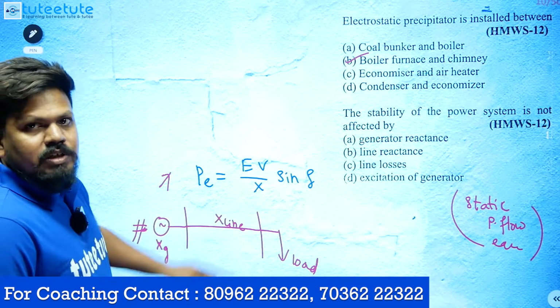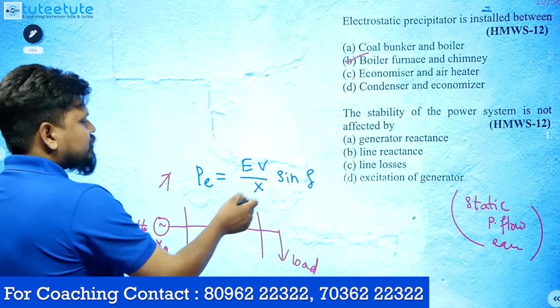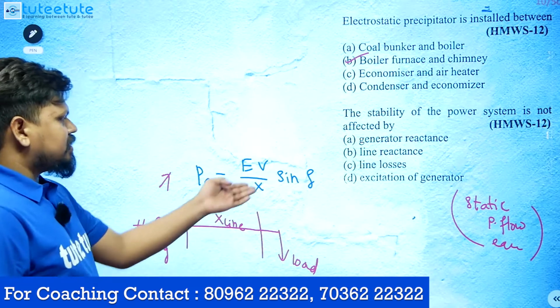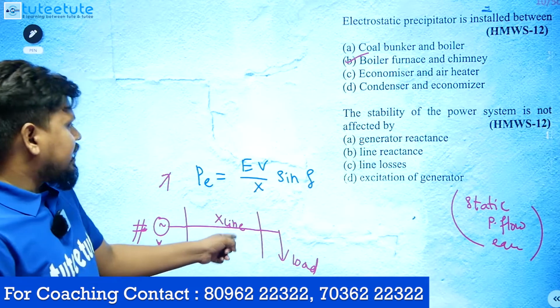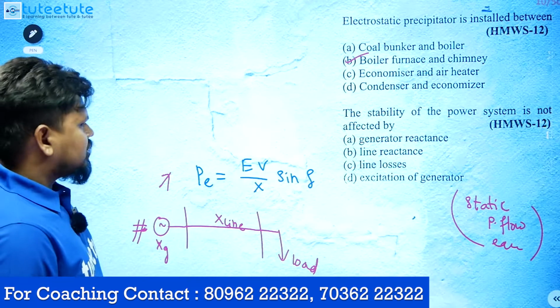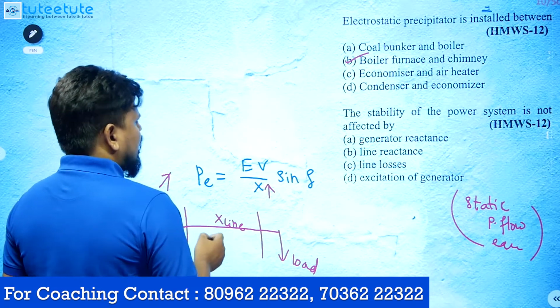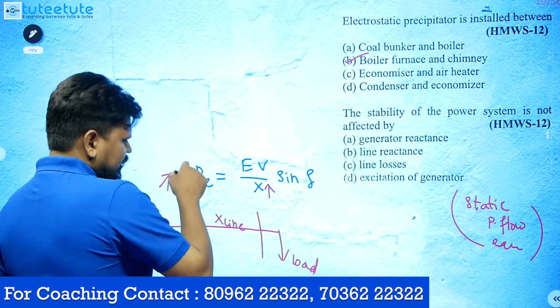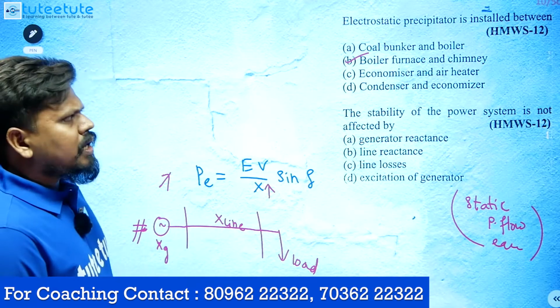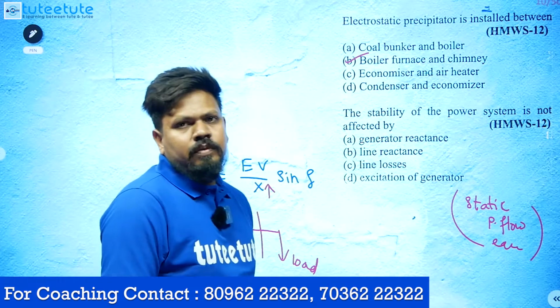What is this X? Xg plus X line is nothing but this X. Understanding, right? For example, if this X increases, automatically the electrical power output will decrease. What they are asking is stability.